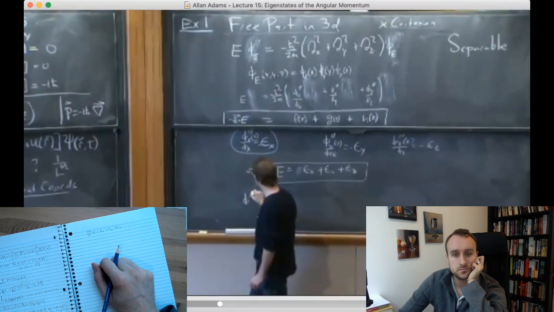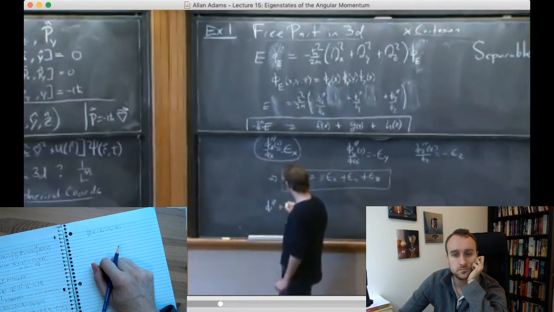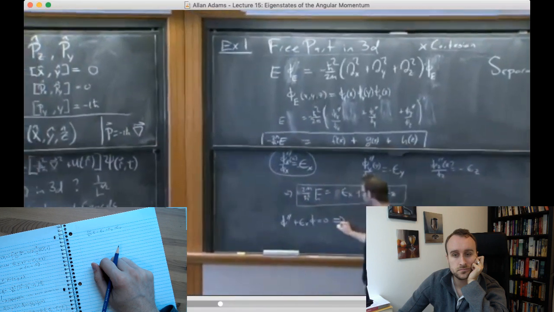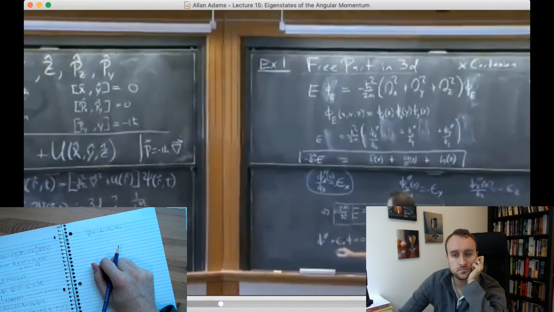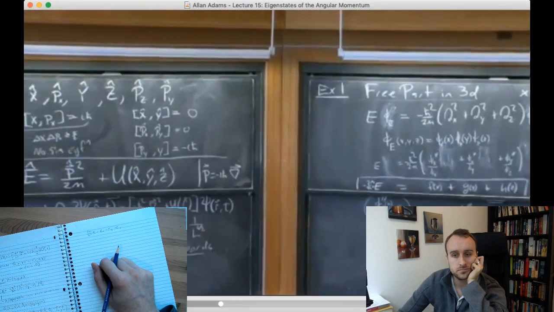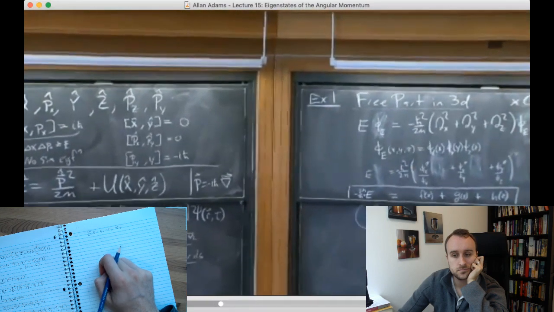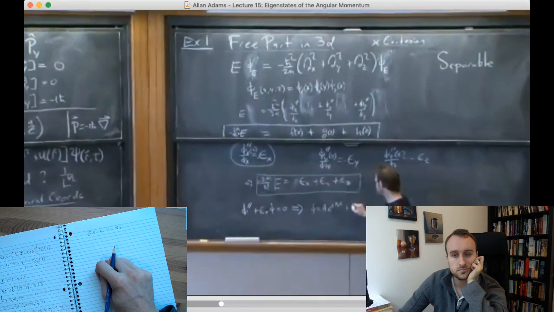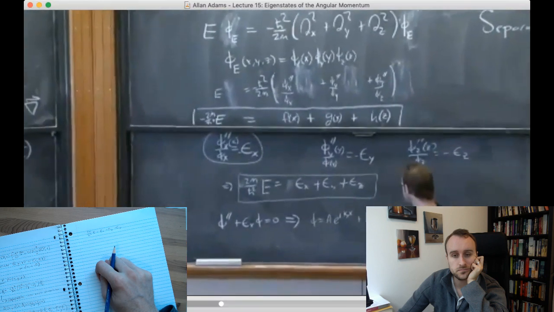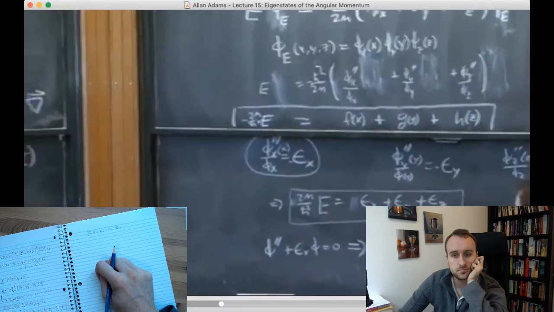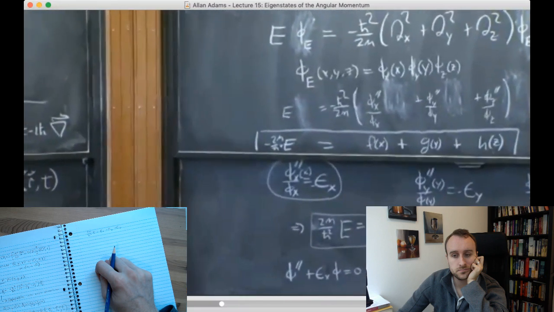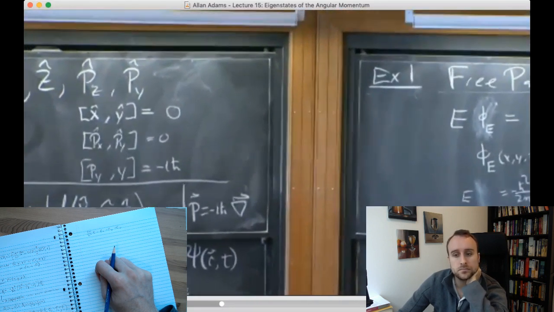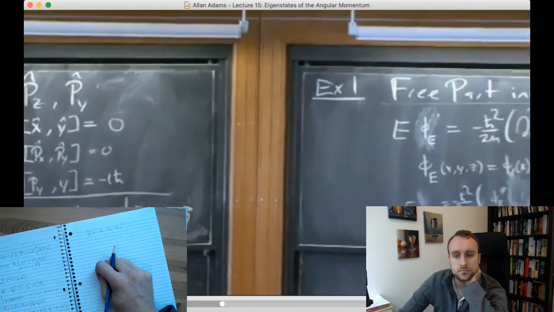This says that phi double prime plus epsilon x phi is equal to 0. But this just tells you that phi is exponentials. Phi is equal to a e to the i kx x, plus b e to the minus i kx x, where kx squared is equal to epsilon x.